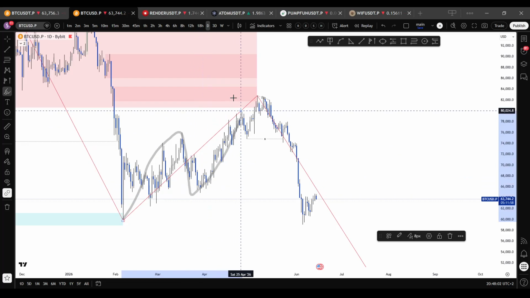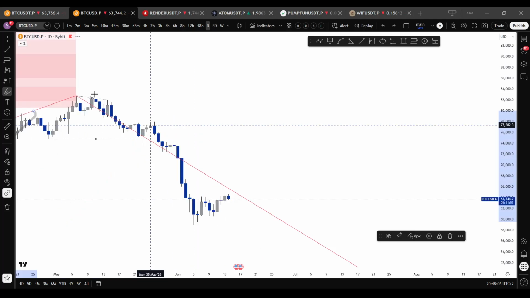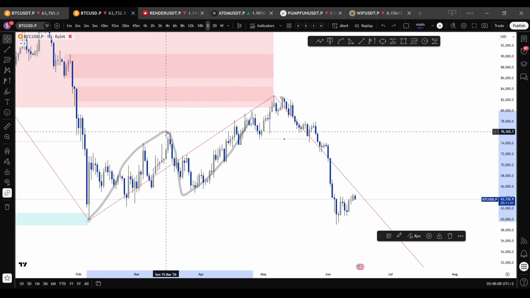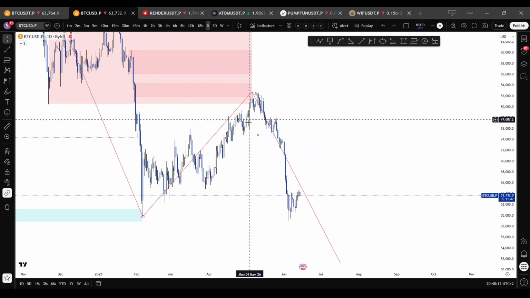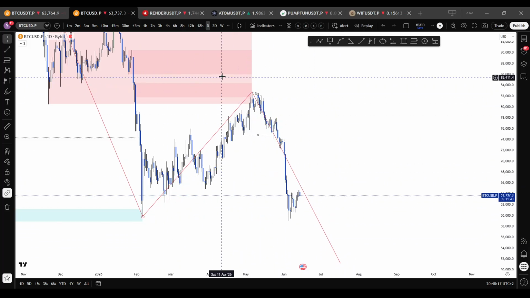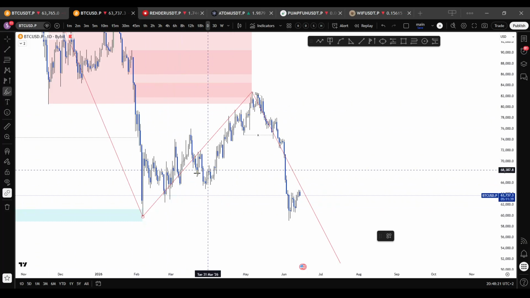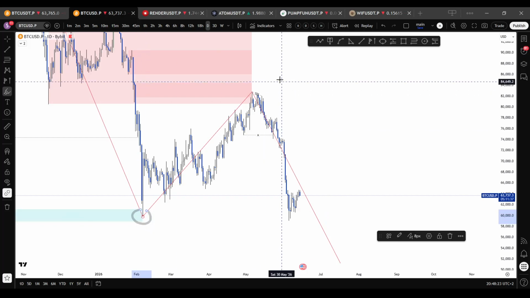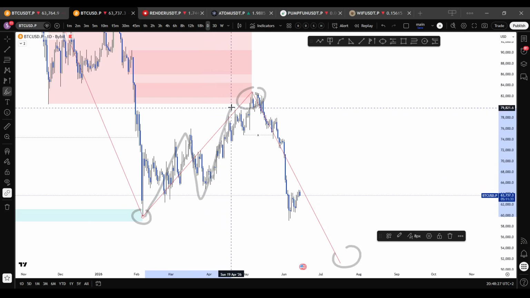Basically, our main market structure was our 3-day structure, and we started working it here. That's a really significant point because we all know that to confirm the higher time frame market structure, we have to break the structure on the lower time frame. If this is our primary structure, this is our secondary structure.